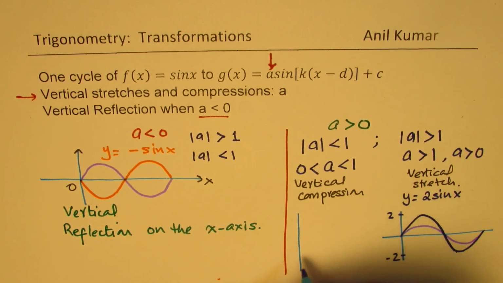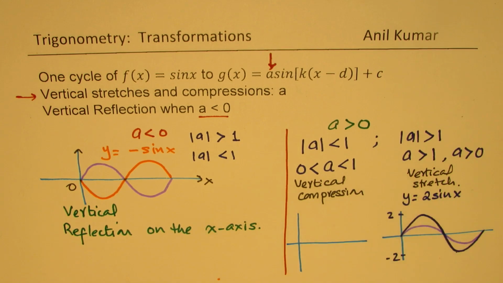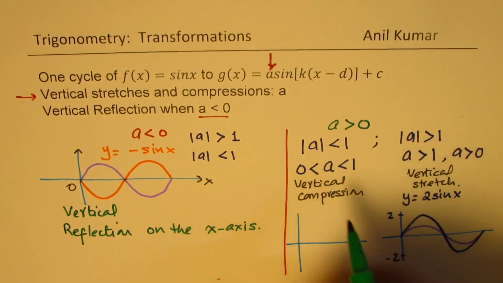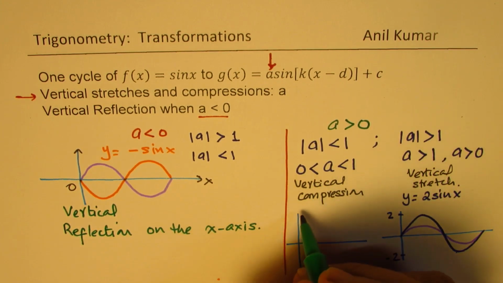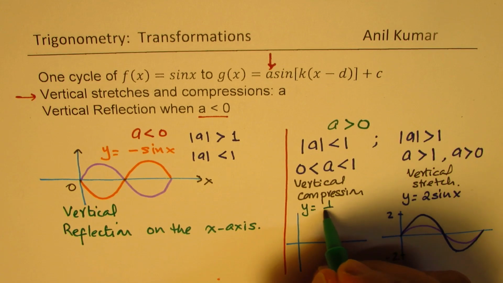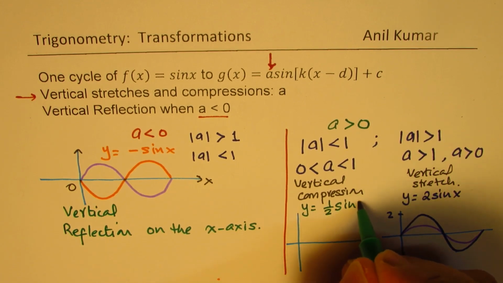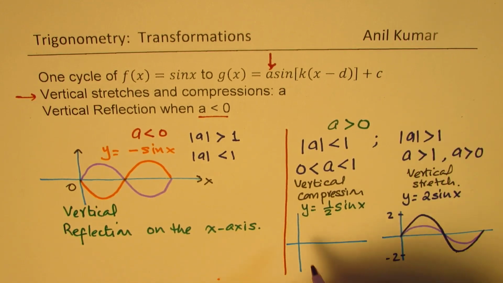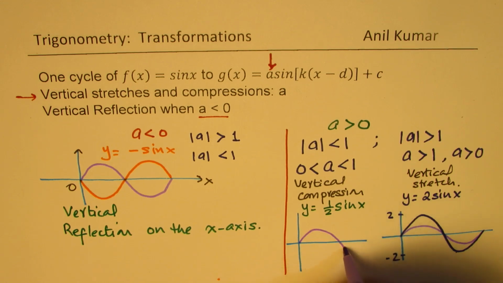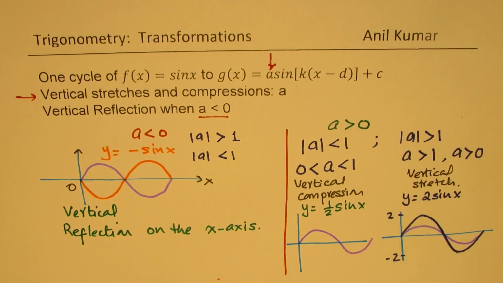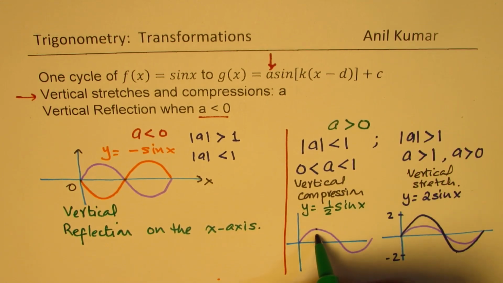For a case when the value of a is, let us say we have y equals to half sine x. In that case, if the graph of sine x is like this, then half sine x will be, every point on y will be half units away of the original.